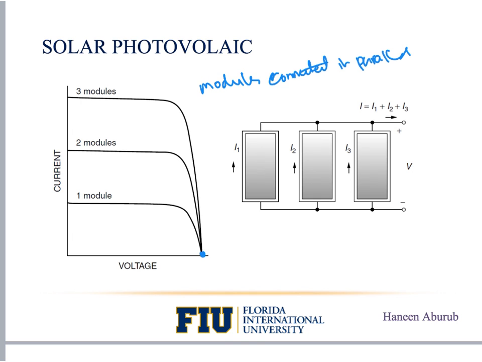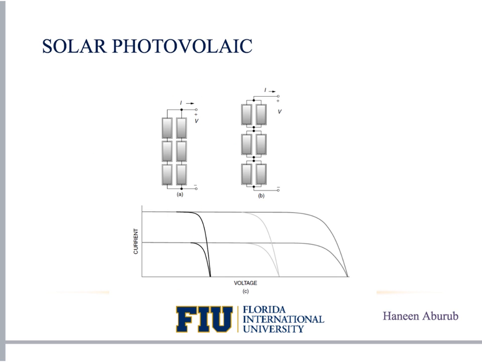The IV curve of the parallel combination is just the sum of individual module currents, as can be seen here at that voltage. Now when high power is needed, the array will usually consist of a combination of series and parallel modules, for which the total IV curve is the sum of individual module IV curves.